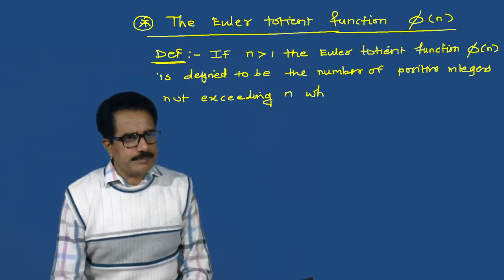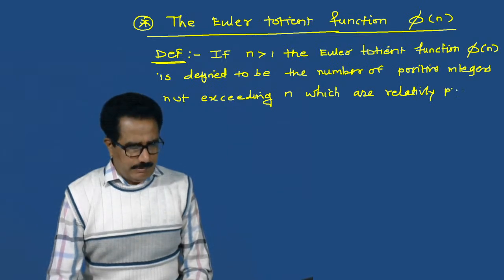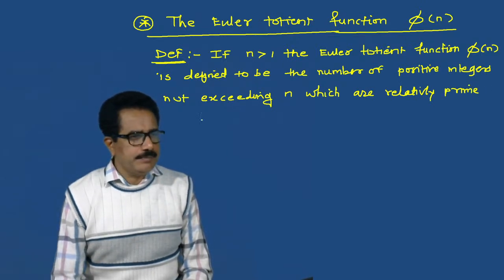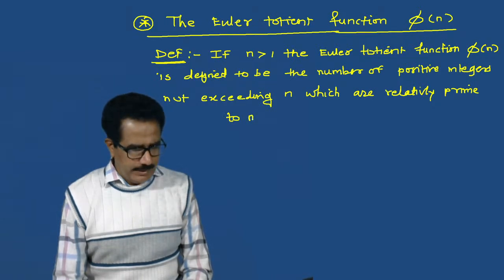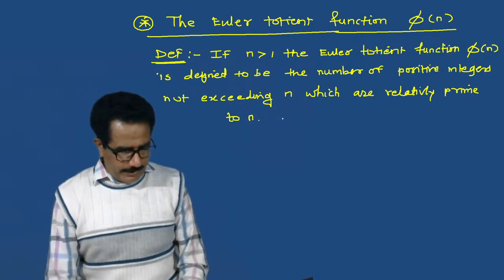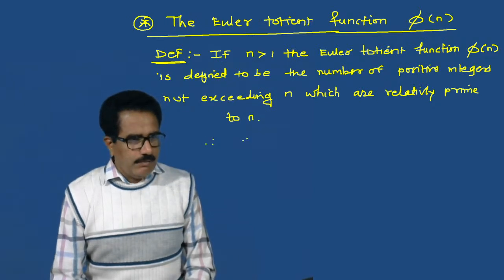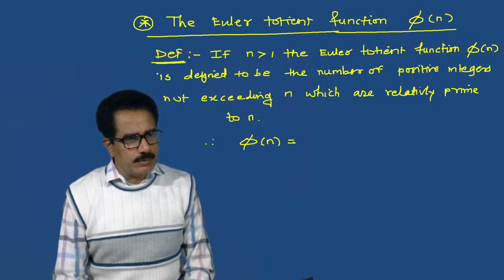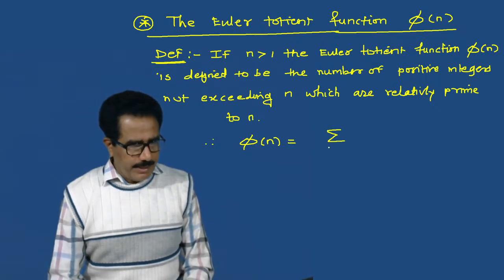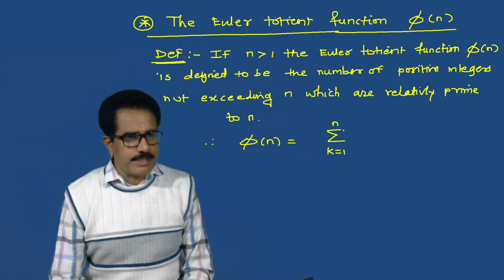which are relatively prime to n. Therefore, phi of n is equal to summation over k is equal to 1 to n, summation prime 1.